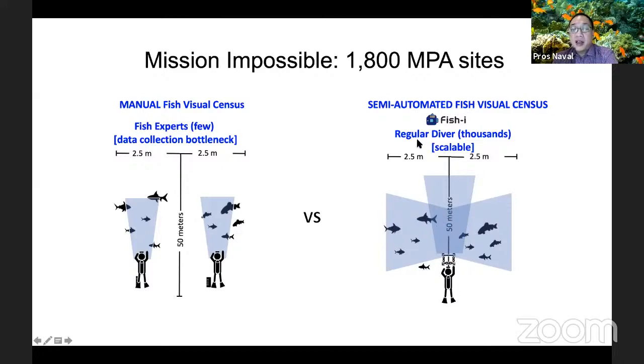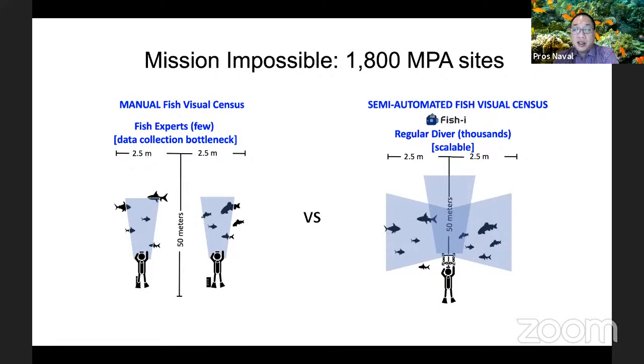Any regular licensed open water diver, and there are thousands of them in the country, can do a fish eye semi-automated fish visual census. Anyone, even without any knowledge of fish, as long as the diver is able to follow instructions, the census can be done.